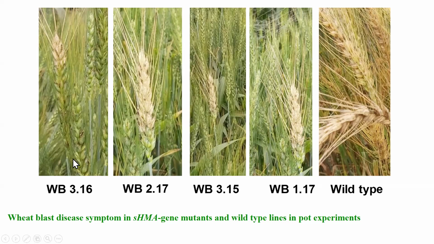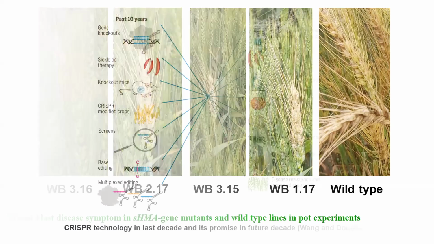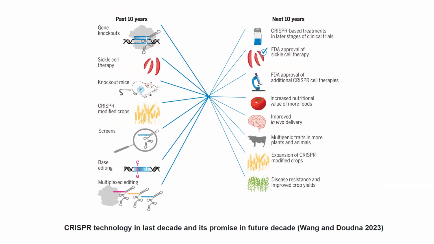If all 6 copies are not edited equally, then you cannot see the phenotype. And there are other complicated issues, such as gene-protein interactions. So the concept was proven, but the product was not deployable in the field. We are now trying to improve the protocol.